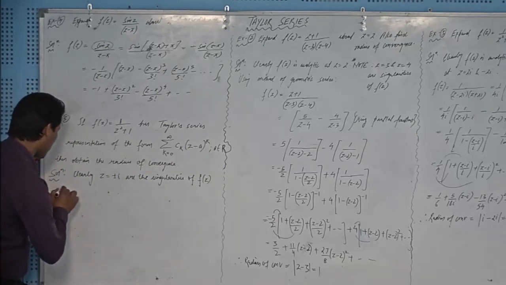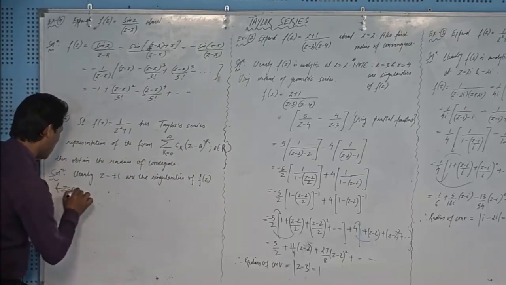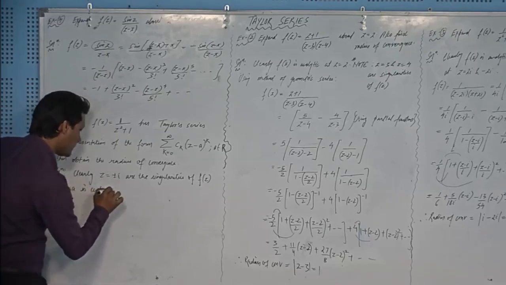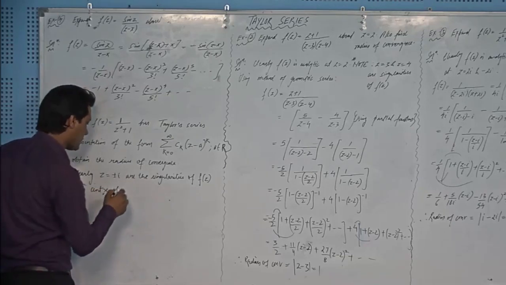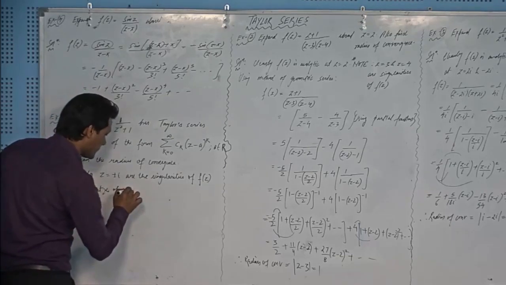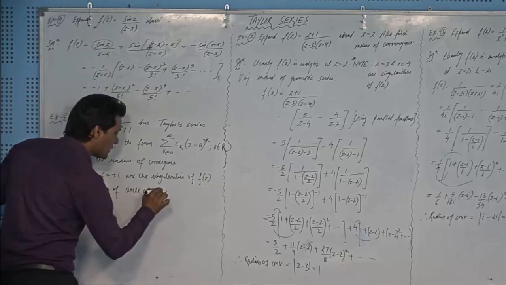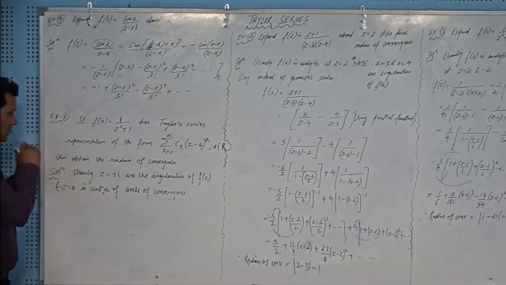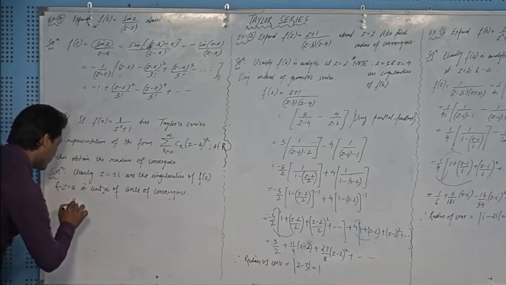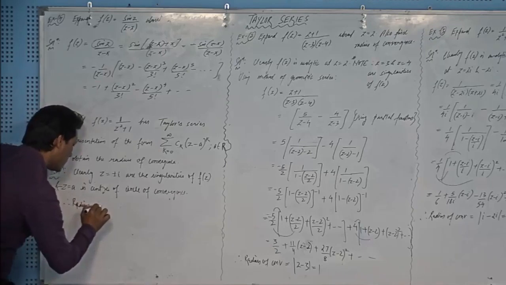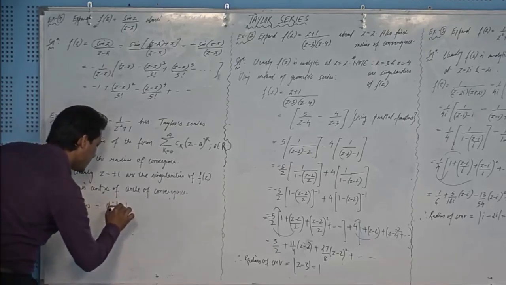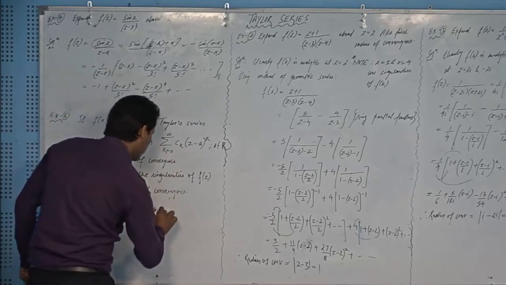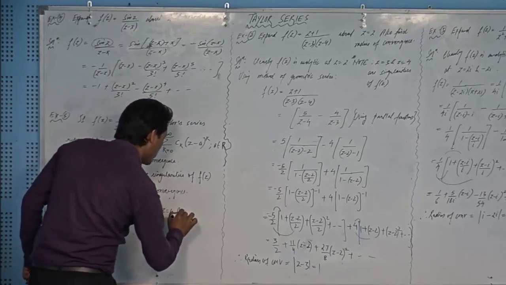Z equal to a is the center of the series, or center of the circle of convergence, whatever. So the radius is equal to the distance between the center, which is z equal to a, and the nearest singularity.